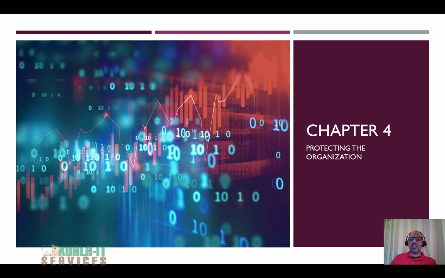Hello again. This is chapter 4, protecting the organization. This chapter covers some of the technology and processes used by cybersecurity professionals when protecting an organization's network, equipment, and data. First, it briefly covers the many types of firewalls, security appliances, and software that are currently used, including best practice.